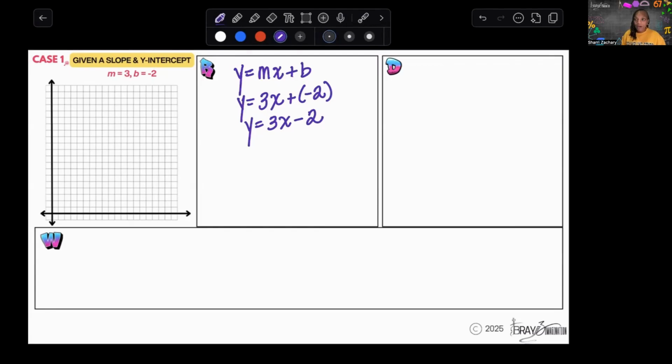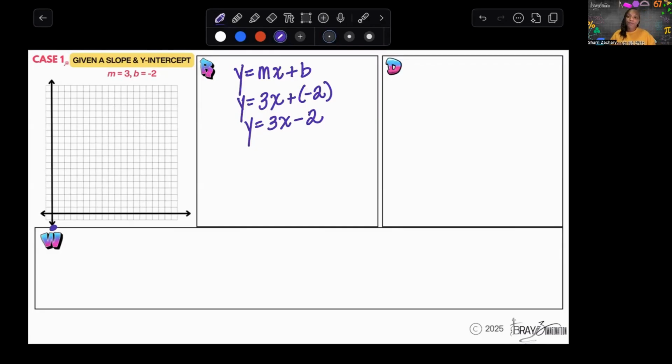Okay, so I'm going to go ahead and plot that point here on my graph. If I plot the point 0, -2, our line is not long enough in this case. From there, I can use my slope to plot the other point.